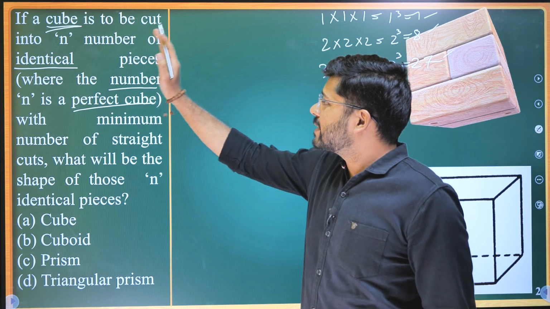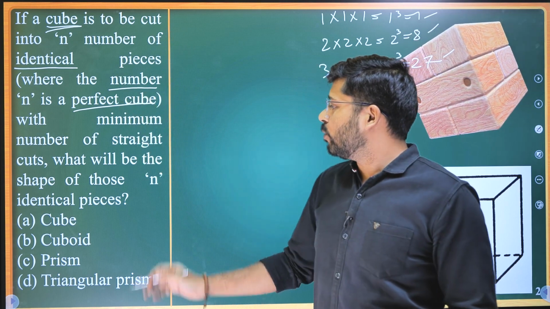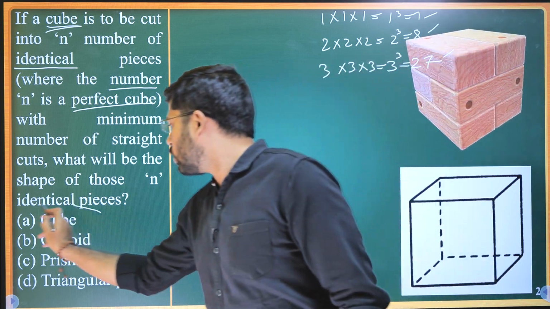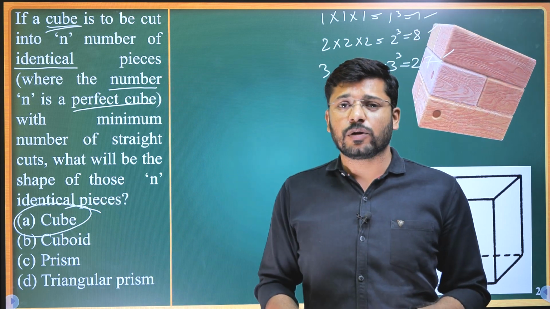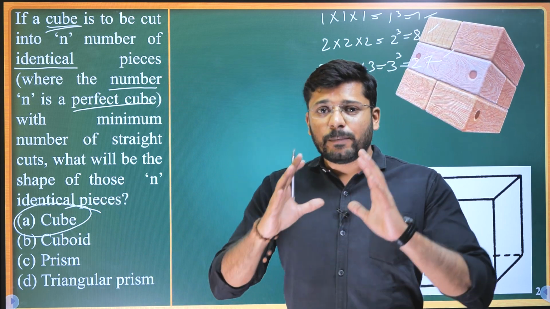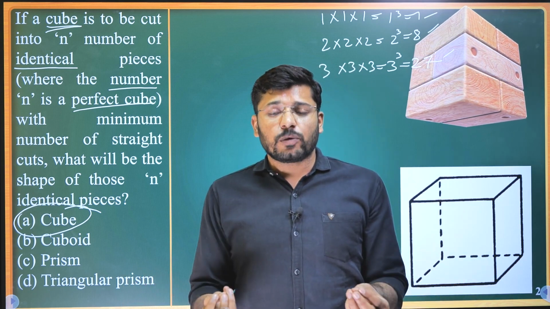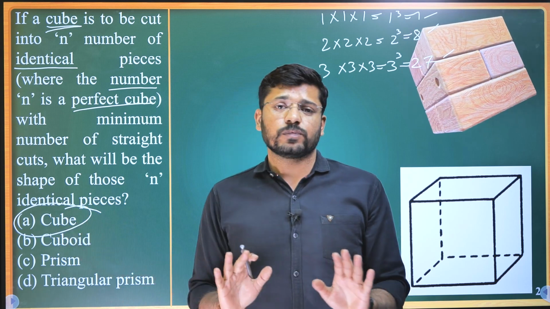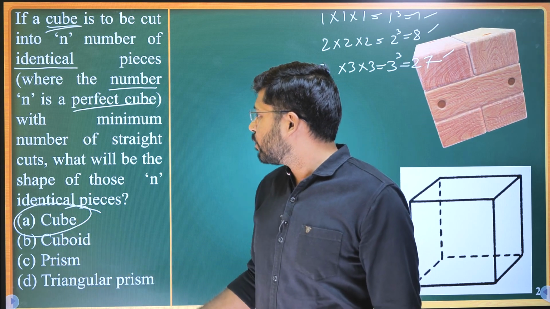If a cube is cut into n number of identical pieces where n is a perfect cube, then each of those identical pieces would also be a cube. Take it down in your notebook. If a bigger cube is cut into n number of identical smaller pieces, each of those small pieces would themselves be cubes. It will not be a cuboid, it will not be a prism, it will not be a triangular prism.